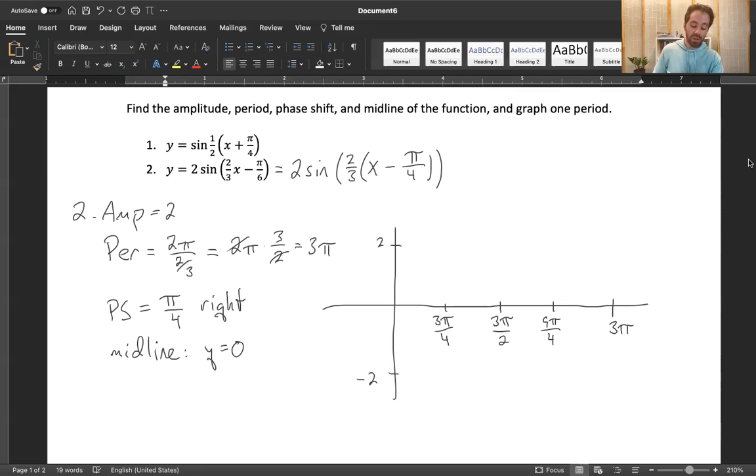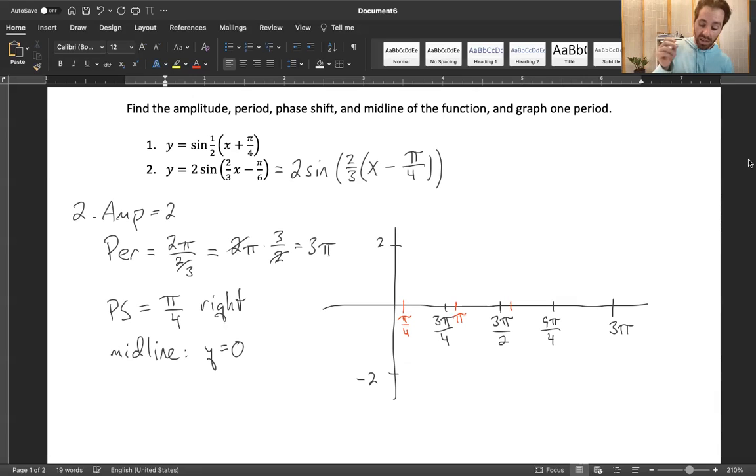And now this has a phase shift of pi over 4 to the right. So this is sine. That means that yes, it will start at the origin, but it's going to be offset by pi over 4. So I'm going to draw this pi over 4, and then I'll offset all of these by pi over 4 as well. So this will be actually just pi. This, what's 3 pi over 2 plus pi over 4?